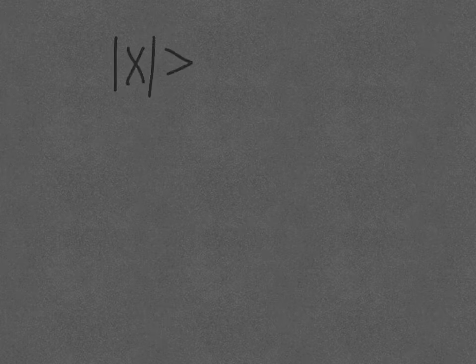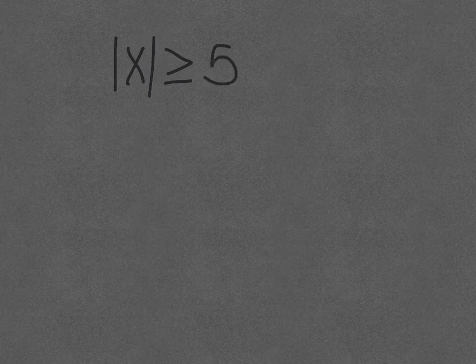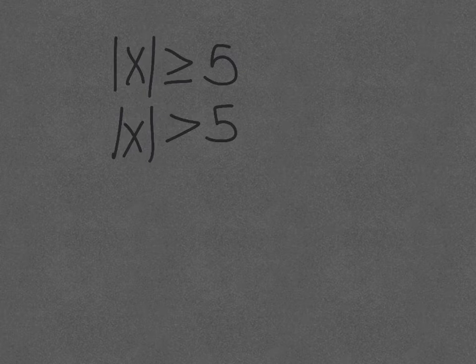All right. One thing about inequalities, you know how on a compound inequality, if it's an and, then your arrows are going to be pointing inward most of the time. If it's an or, it's going to be pointing in opposite directions most of the time. With absolute value, if it's greater than or equal to, or greater than, then it's going to be an or.